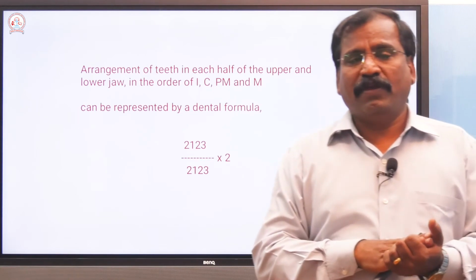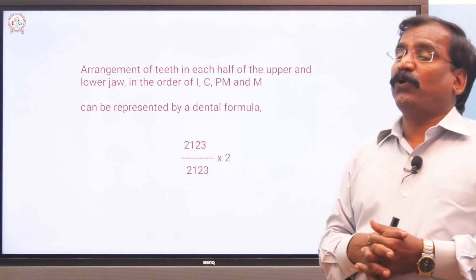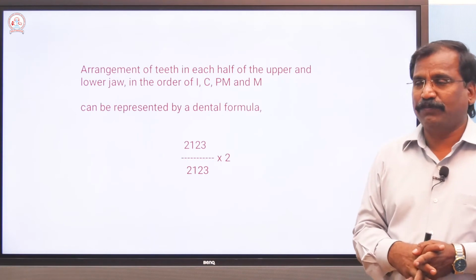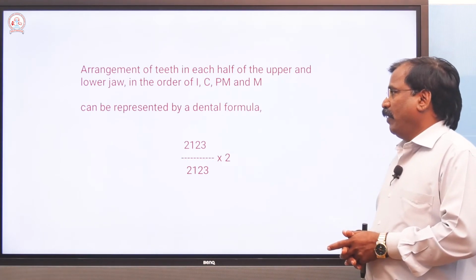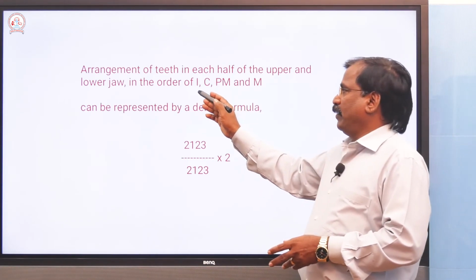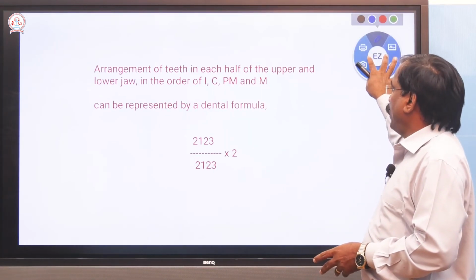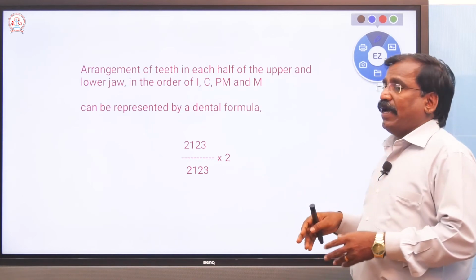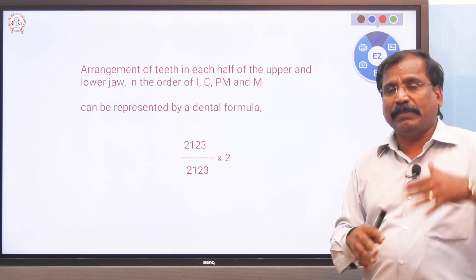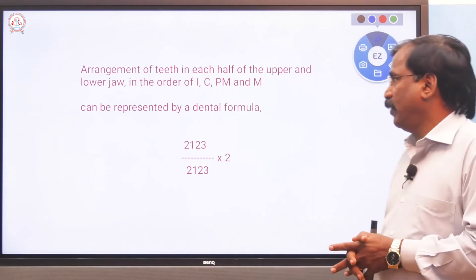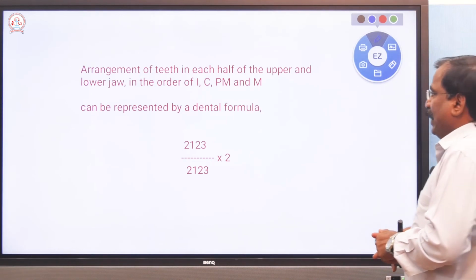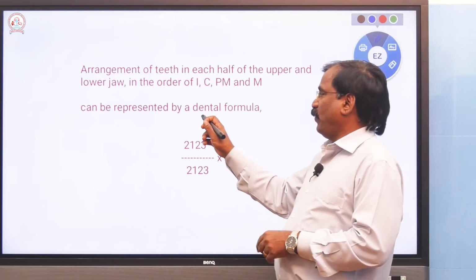I said heterodont, that means different types of teeth, namely incisors, canine, premolars and molars. The arrangement of the teeth in upper and lower jaws, we can write as a formula, that is called dental formula.